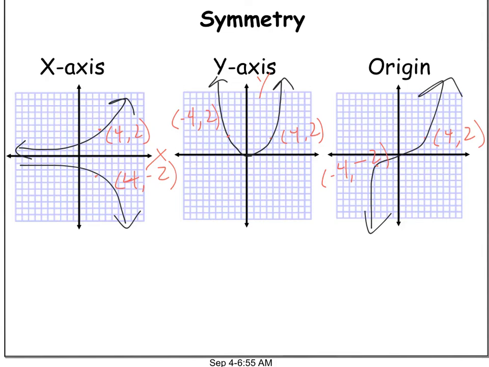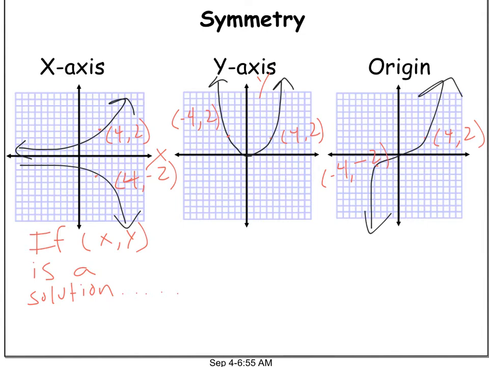Okay? Now what I want to do for each one of these is put it in general terms. If x, y is a solution. Okay, now that line right there, that condition applies to all 3 of these.